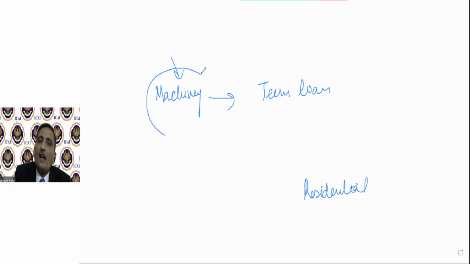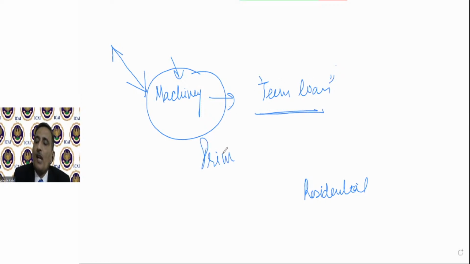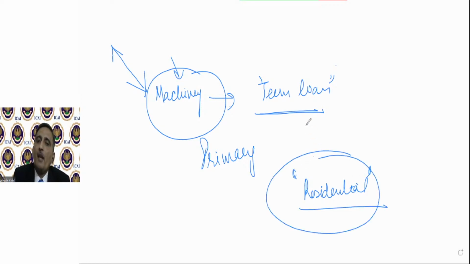So the machinery, the asset for which the term loan has been granted, would be known as primary security. And this residential house or factory land and building, whatever it may be, would be collateral security. Okay.